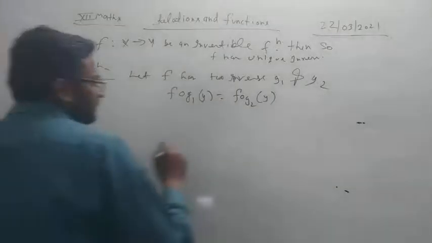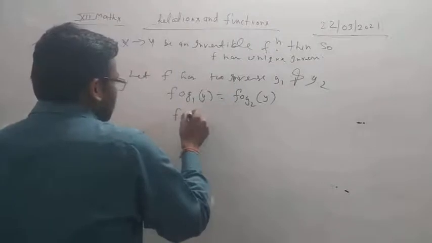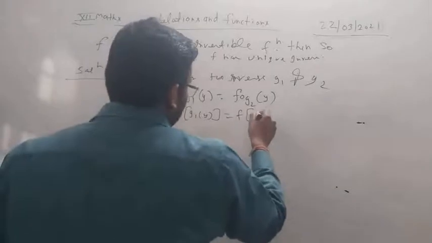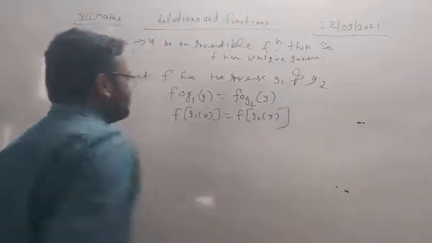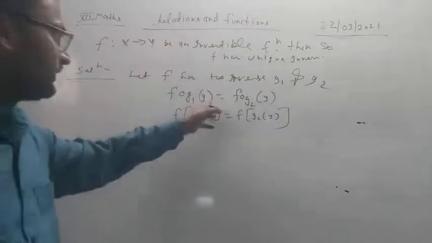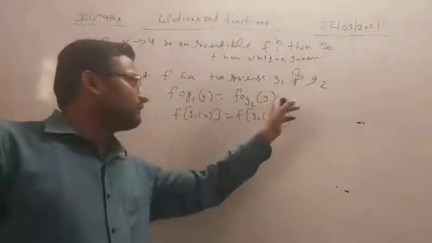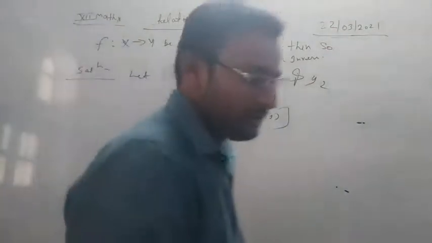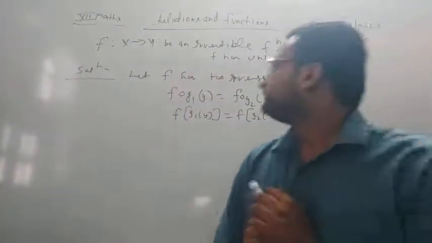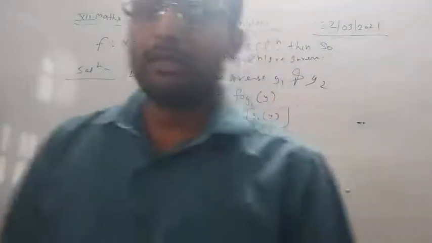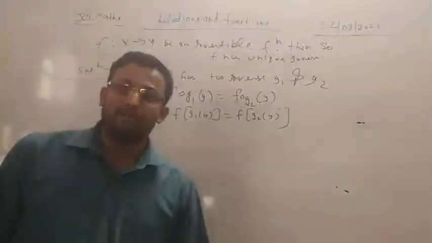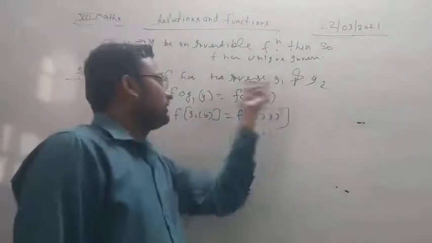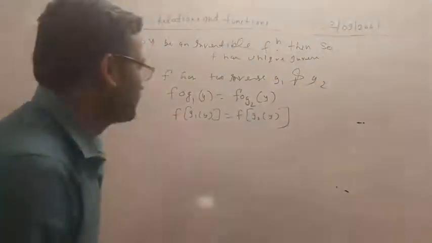Now students, this we can write f of g1 of y equals f of g2 of y, because both are equal, since this will be equal to Iy and this will also be equal to Iy. Because a function is said to be invertible if g o f is equal to Ix and f o g is equal to Iy. So this will be equal to Iy, this will be equal to Iy, so both will be equal. So that's why we have written them equal to each other.